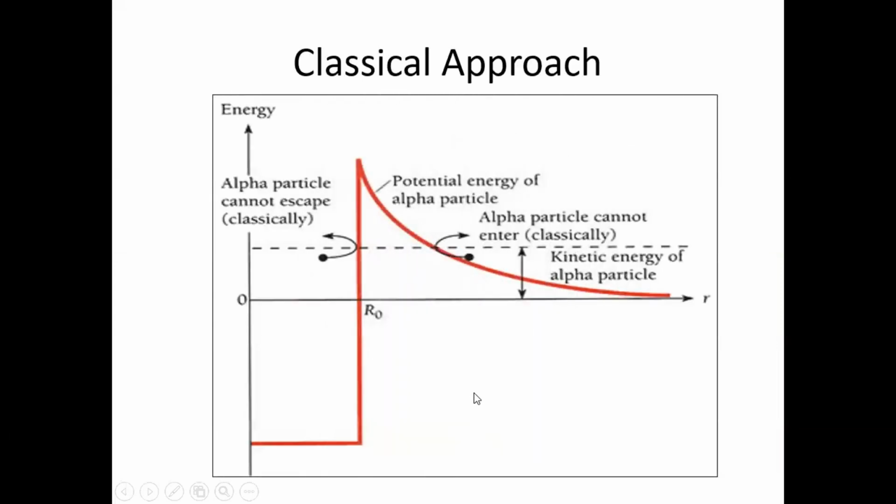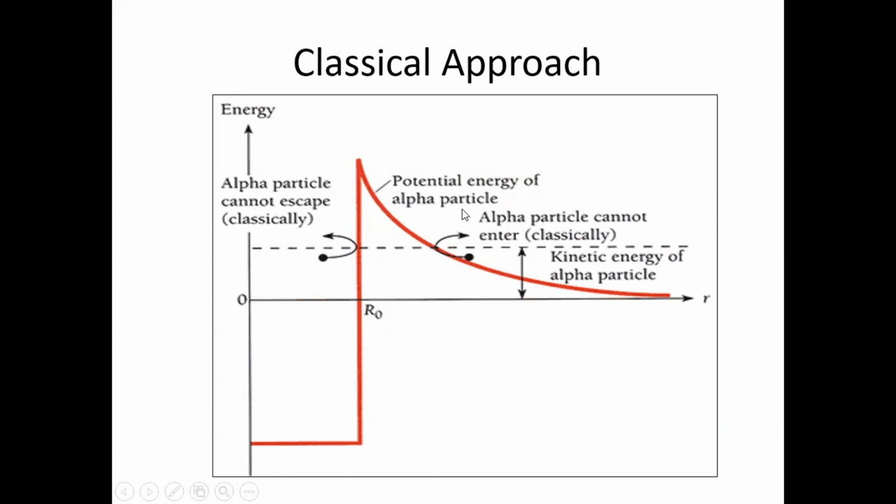So the classical approach is this, that the alpha particle cannot escape classically. If it is here, it will bounce back and will remain within the potential. If this is a potential well, then it is confined within the potential. And any alpha particle outside this will strike and will remain outside, will not be able to penetrate.